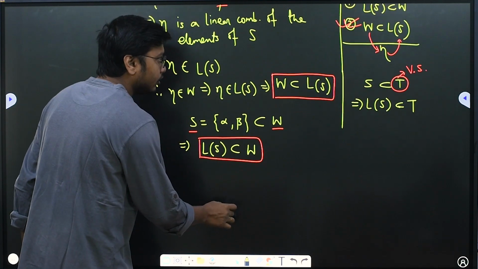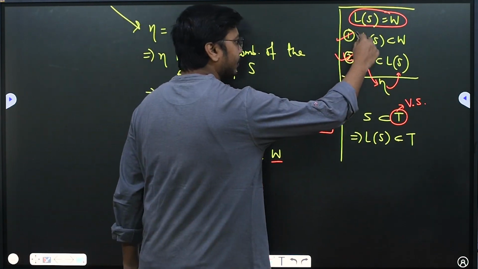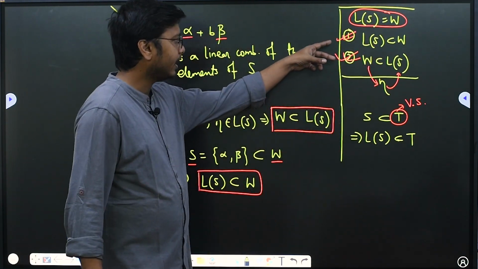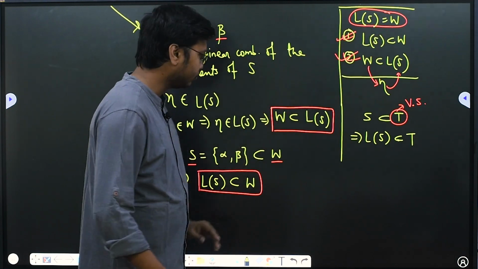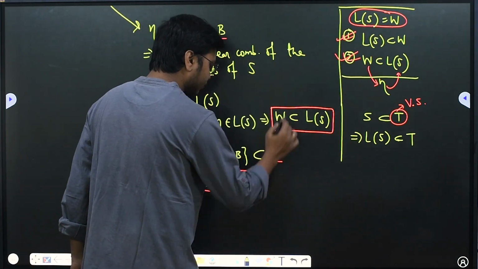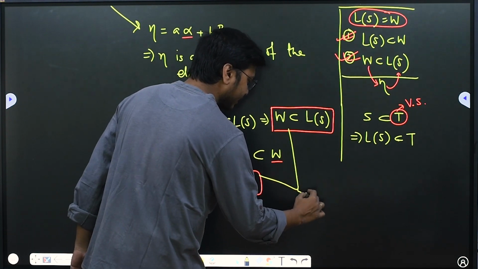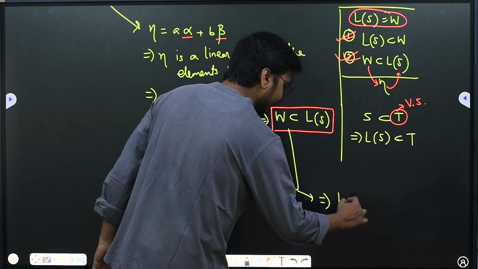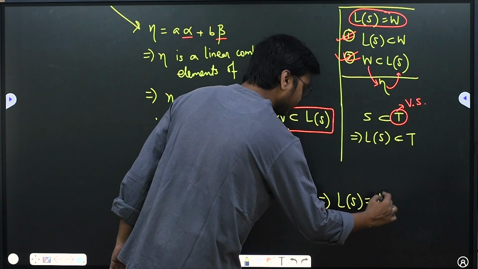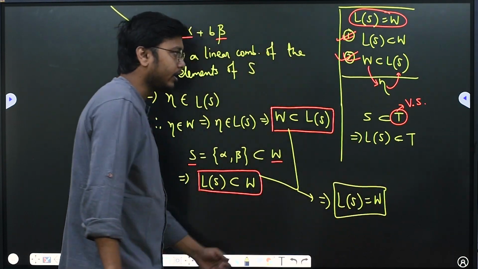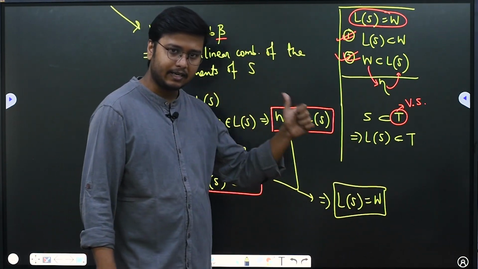So I got both these requirements from 1 and 2. I can say that L of S is equal to W. Previously I had got that S was linearly independent.